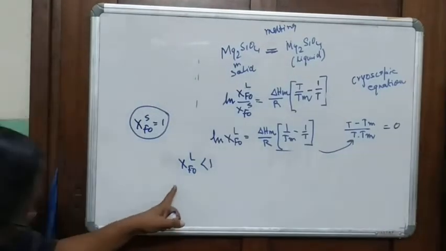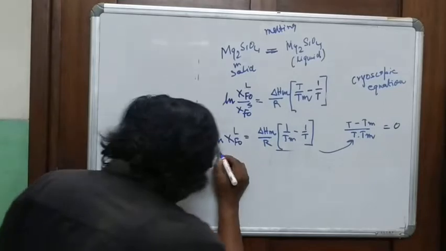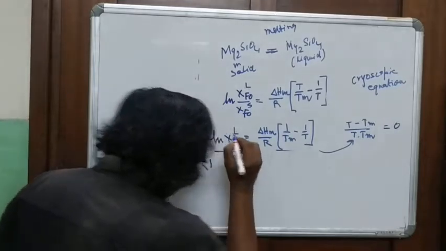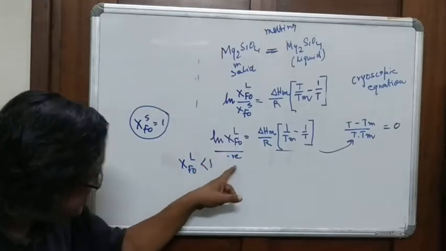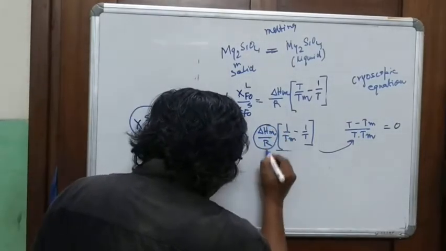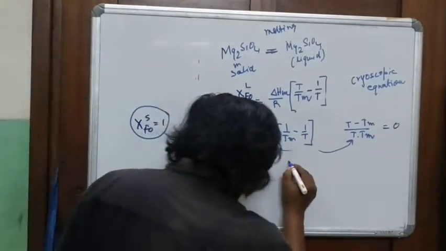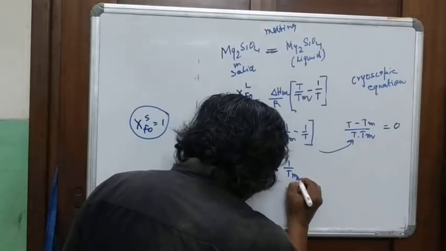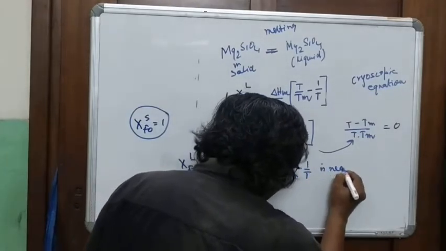If X phosphorite is less than 1, that means what? That means this is negative. ln of decimal is a negative. And this is always a positive term. So what will happen? 1 by Tm minus 1 by T is negative.